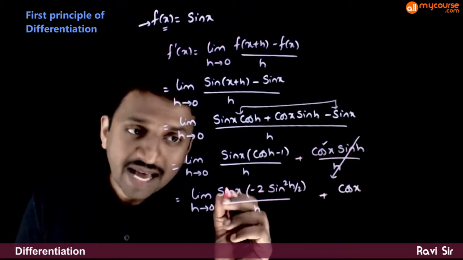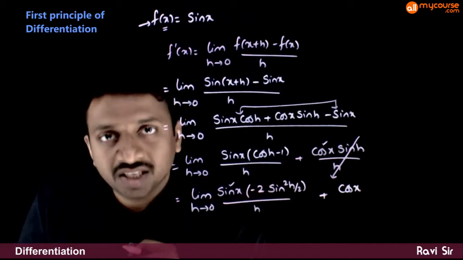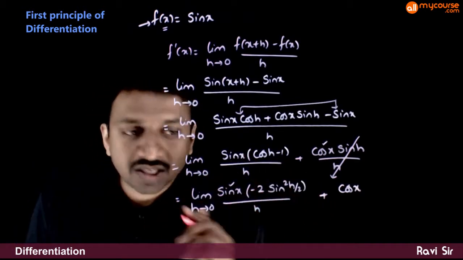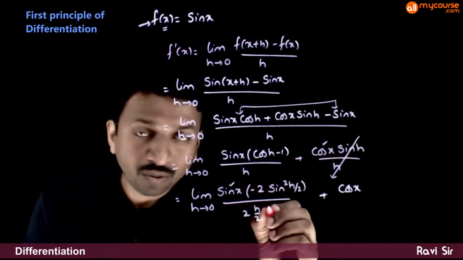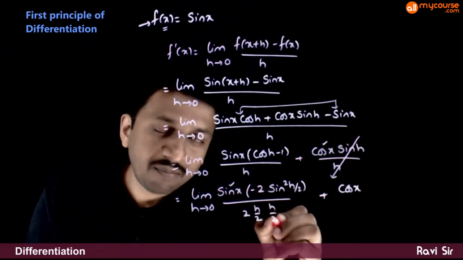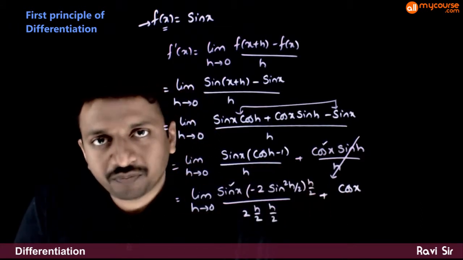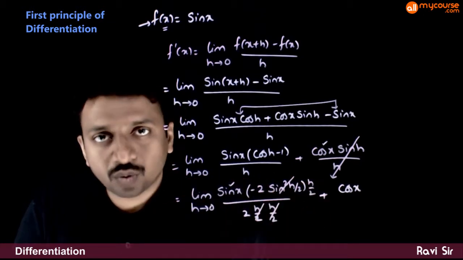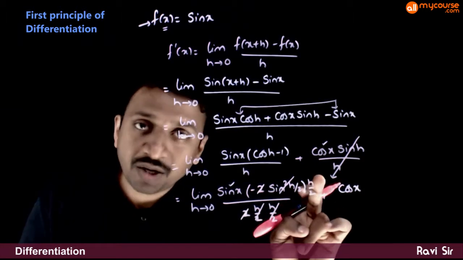Now as you can see, sin x is a constant. So for sin square h by 2, to neutralize it, I'll divide by 2 and multiply it with 2. And again I'll divide with h by 2 and multiply with h by 2. So sin h by 2 over h by 2 goes to 1. This 2 and this 2 get cancelled, so h by 2 is remaining.